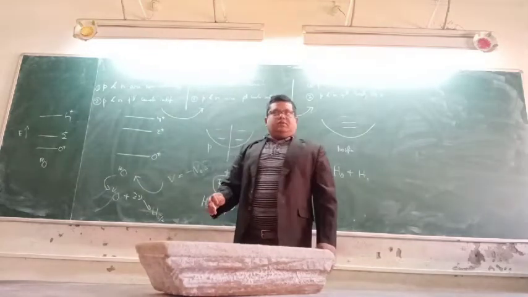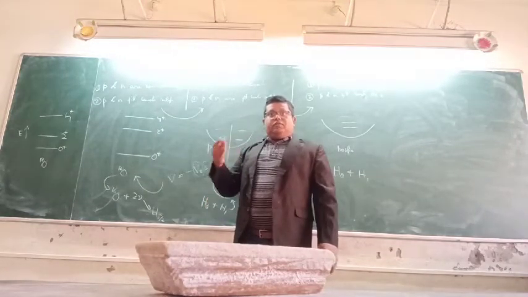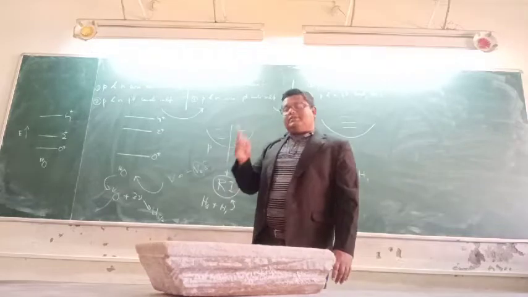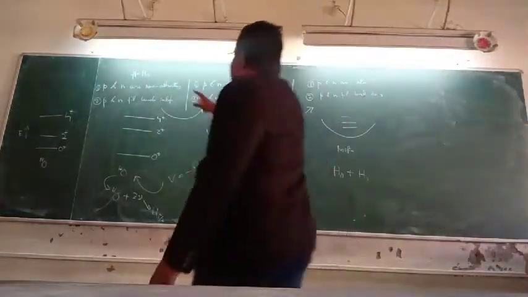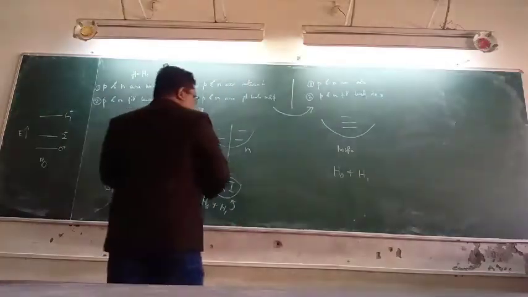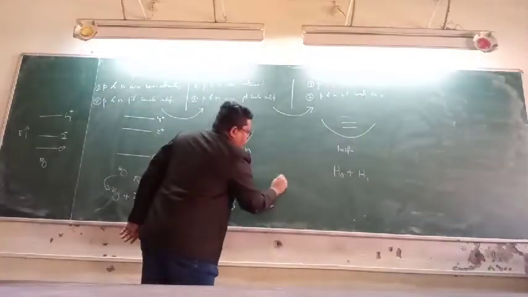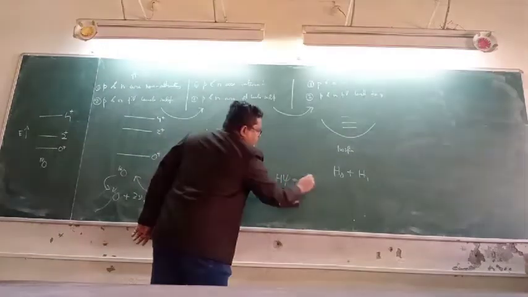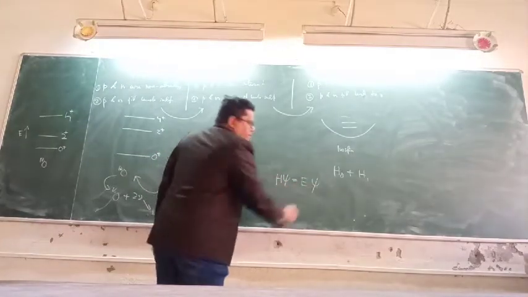Now, in order to improve the model, you have to understand what we are missing. Let me tell you. When we first started doing the calculations, you must remember we wrote H psi is equal to E psi, right?